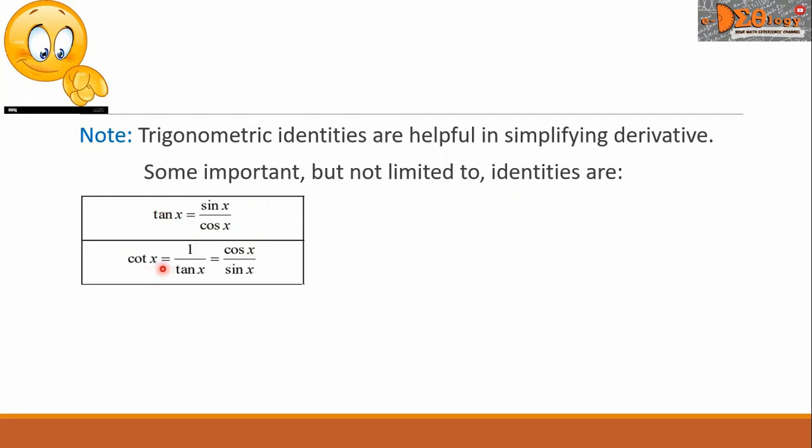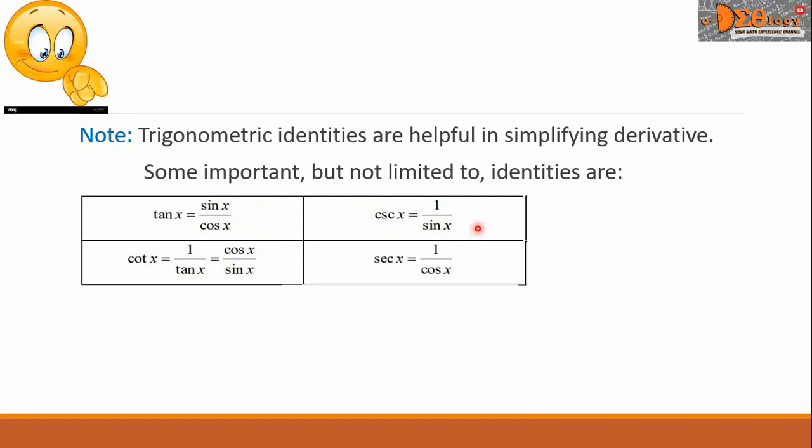Cotangent x is equal to 1 over tangent x, and this is equal to the reciprocal of this fraction, so we write here cosine x over sine x. Next, we have cosecant x equals 1 over sine x. Secant x equals 1 over cosine x.